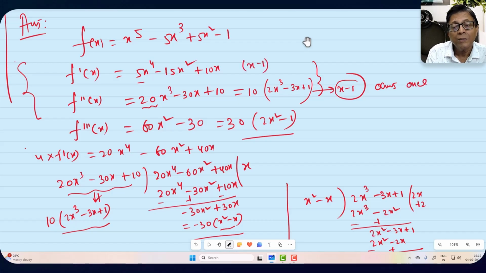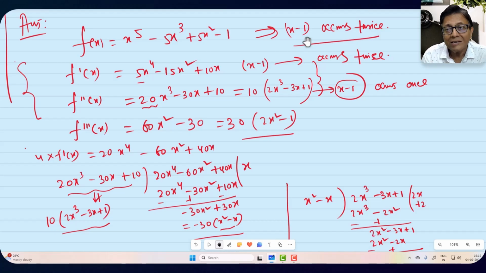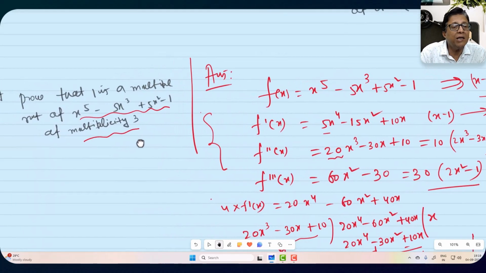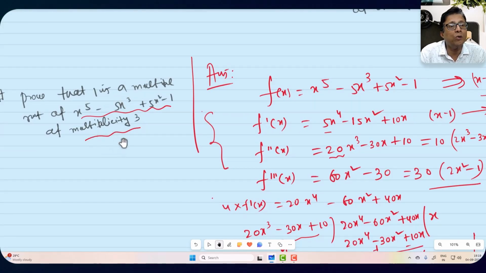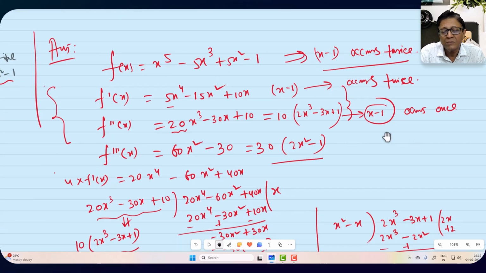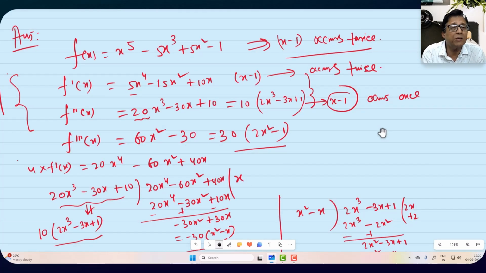Here x minus 1 occurs twice. And here x minus 1 occurs thrice. Isn't it? So x minus 1 will be occurring 3 times over there. This only you are supposed to prove. Prove that this equation has 1 as a multiple root of multiplicity 3. I hope you have understood the concept.